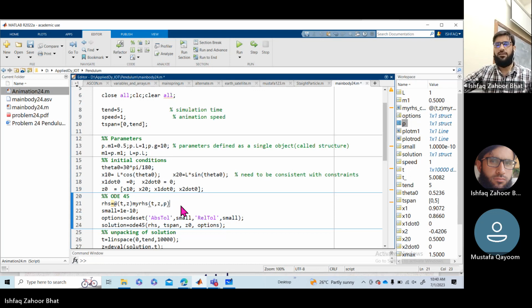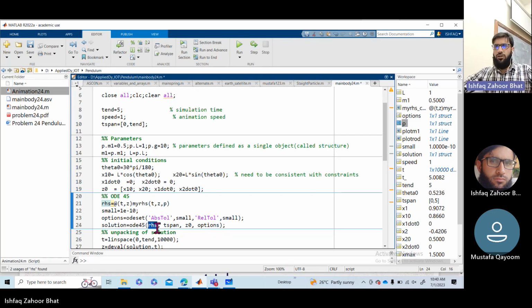This new function will return the same Z dot, but it will now be a function of T and Z. Now I am feeding this RHS to my ODE.